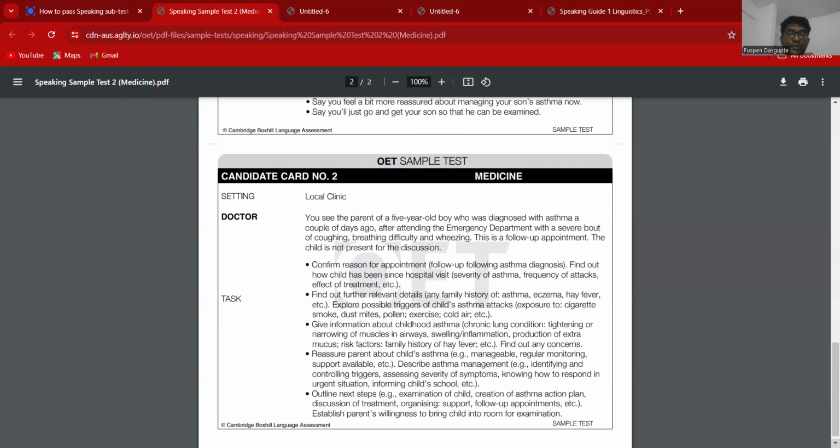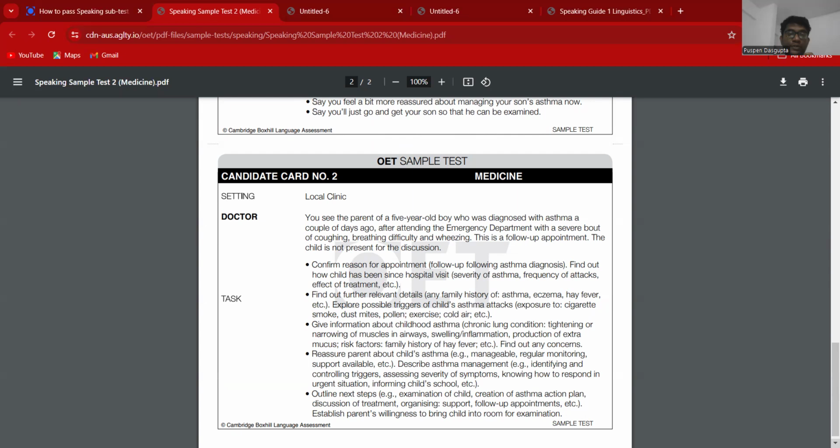Explore possible triggers like cigarette smoke, dust mites, pollens, exercise, cold air. And give information about childhood asthma, a chronic lung disease with tightening or narrowing of the airway, swelling, inflammation, production of extra mucus, and risk factors like family history of hay fever.